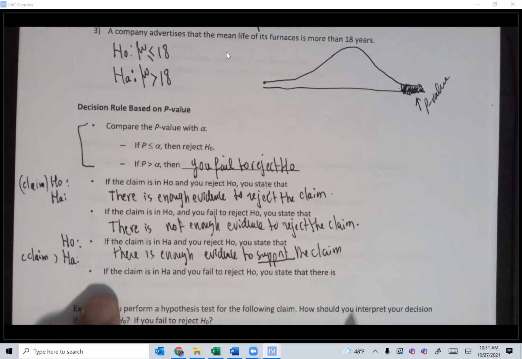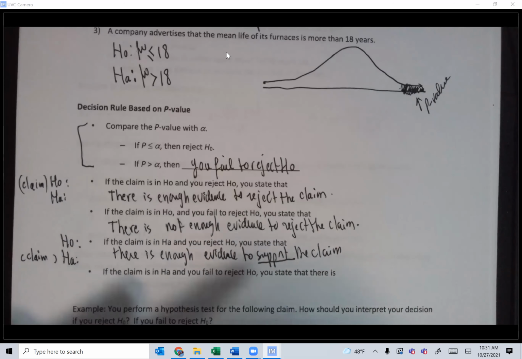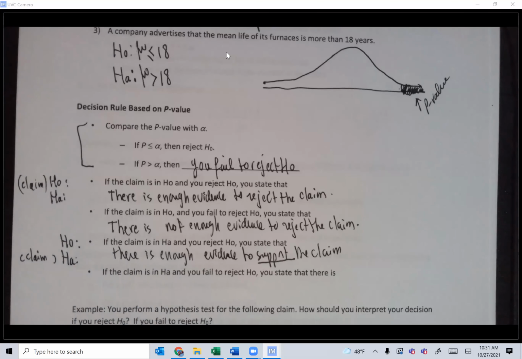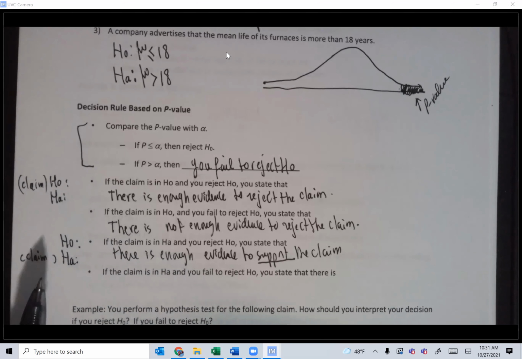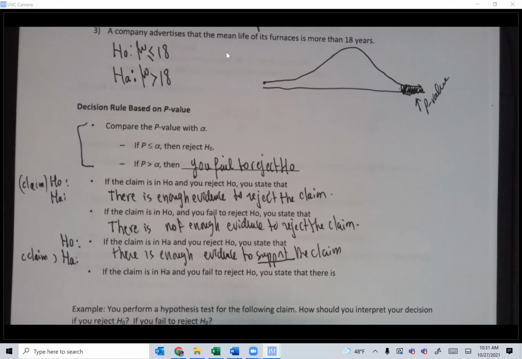Okay, fourth scenario. These are all the scenarios in a hypothesis test. No other scenarios. So when you do any problem, at the end, you have to choose one of the four statements and write it down. If the claim is in HA, but you do not reject H0, so our claim is here, but we cannot reject the first one right here, that means we cannot support the claim.